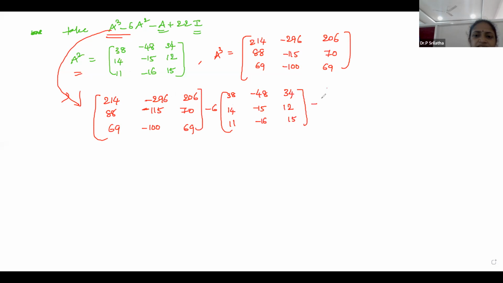Okay, minus A. So what is our given matrix? See, just wait. Our given matrix is 8, minus 8, 2, 4, minus 3, minus 2, 3, minus 4, 1.